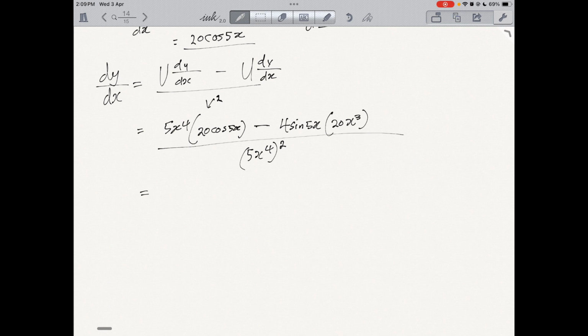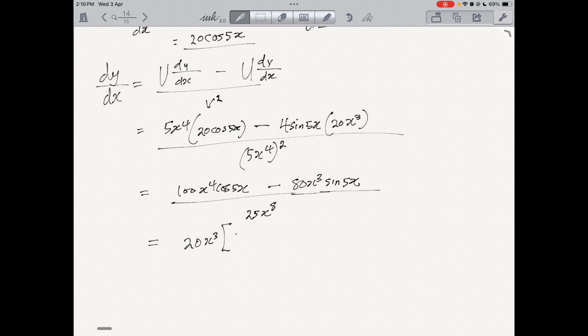Now, let's multiply out. This will give us 100x raised to power 4 cos 5x minus 80x raised to power 3 sine 5x, divided by the square of 5, which is 25. The square of x raised to power 4 is x raised to power 8. So let's factorize the numerator with 20x raised to power 3.